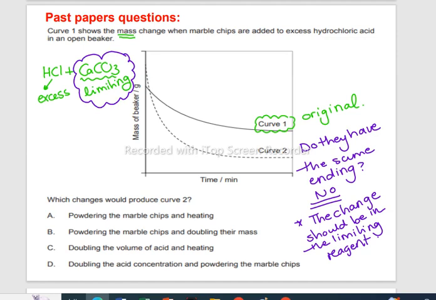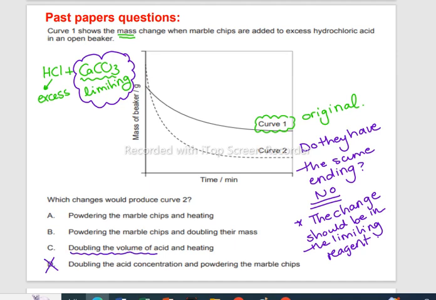If I look at it this way, I will find that doubling the acid concentration will not be a possible answer, since the concentration will not affect the ending part. It will only affect the initial rate of reaction. Something else in the answers is doubling the volume of the acid and heating up.